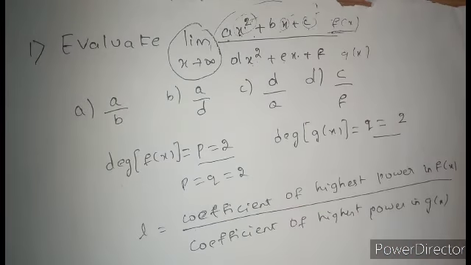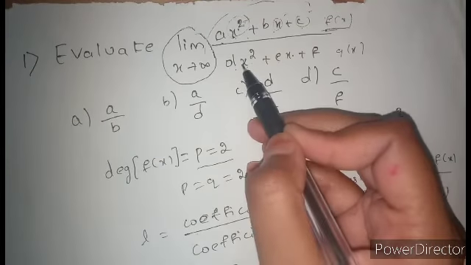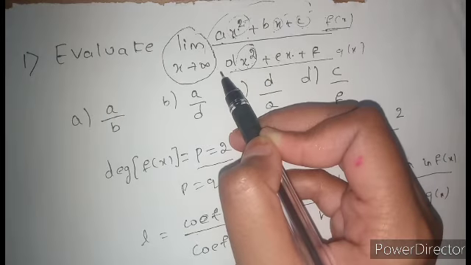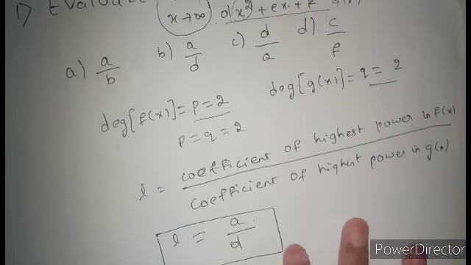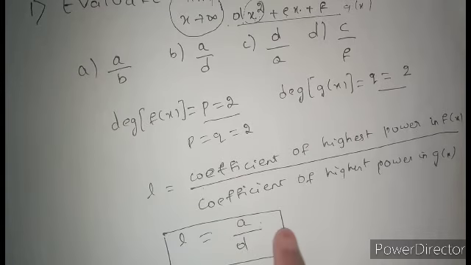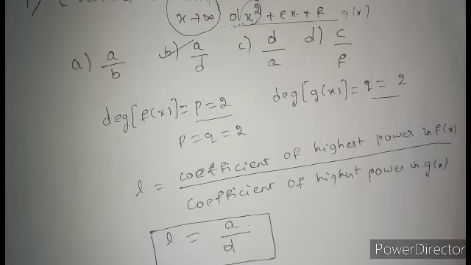So a divided by g of x's: highest power in g of x is x square, coefficient of x square is d. So the limit value of the given function is a by d. So d is the correct option. If p and q are equal, then the limit value is equal to coefficient of highest power in f of x divided by coefficient of highest power in g of x, right? So this is what I have applied, that's all. See, simple trick.